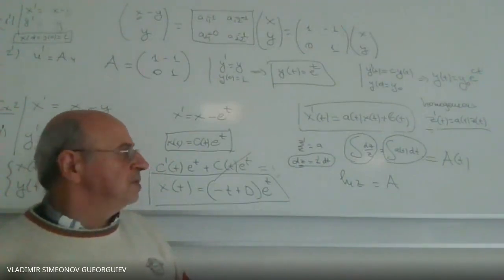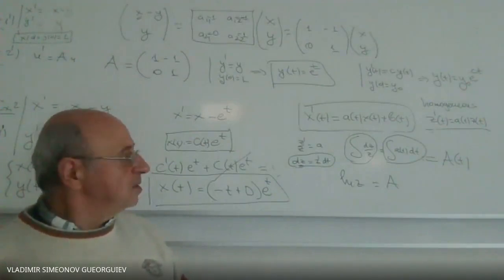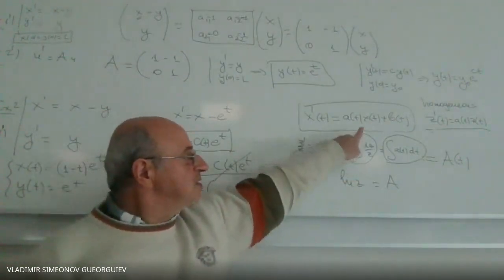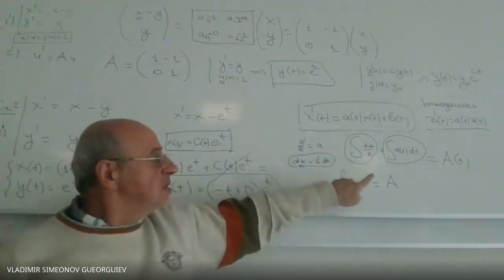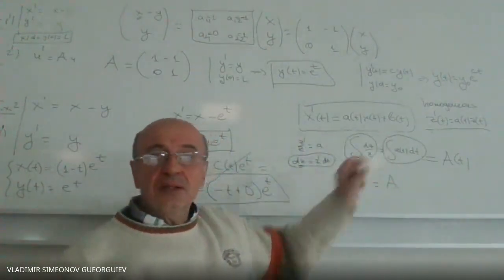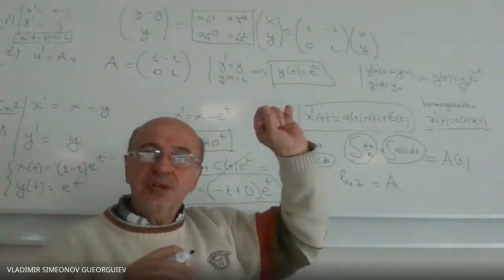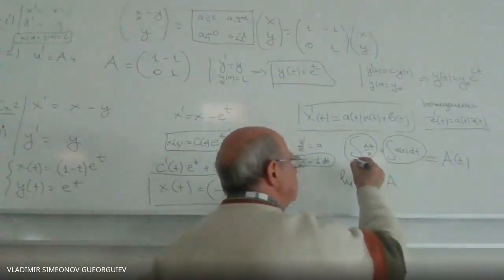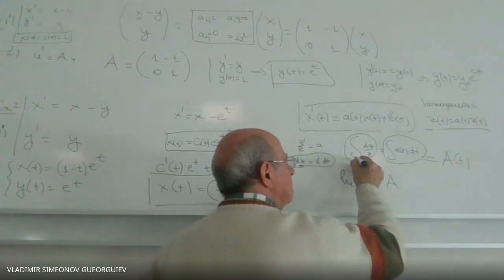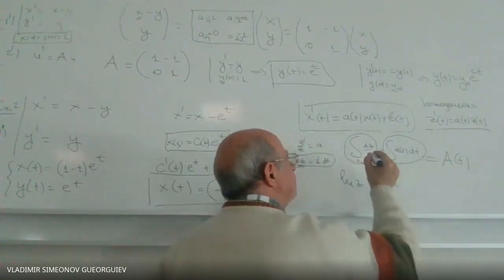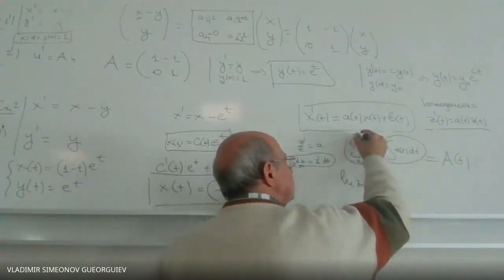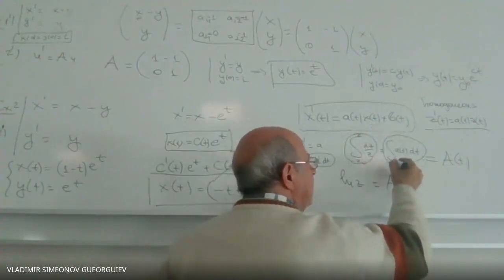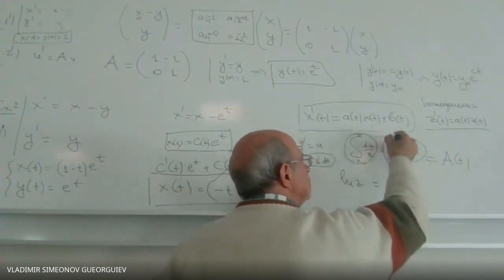If you want, we can practically put here some values and take integrals with given extreme points. For example, I can put here from zeta 0 to zeta of t, and here from 0 to t.